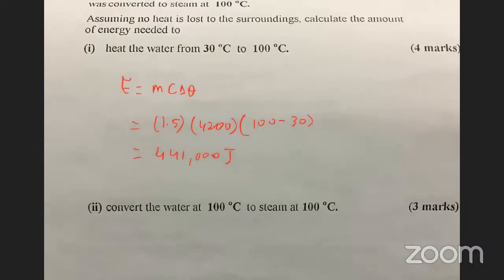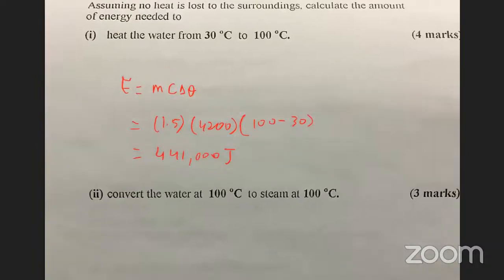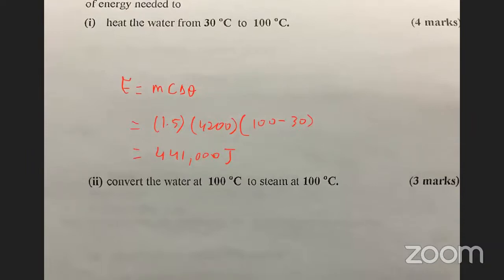Next part. It stayed at 100, but it changed from water to steam. So we should identify that that is a phase change, right? MLV. So that's 1.5 by LV, which is how much again? 2.3 by 10 to the 6.